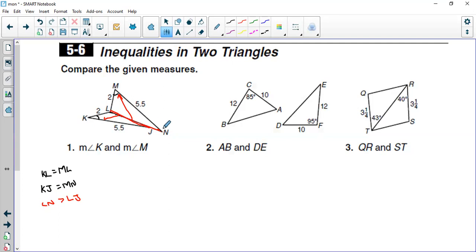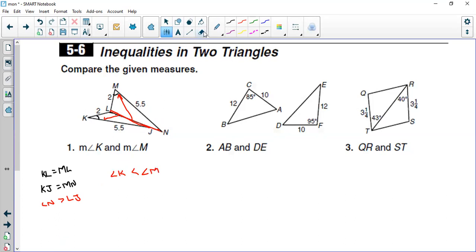Because this is LN, which is longer than LJ. So LJ is shorter. Which is the angle corresponding to LJ? That's K. And which is the angle corresponding to LN? That's M. So from this, we can say that angle K is less than angle M.